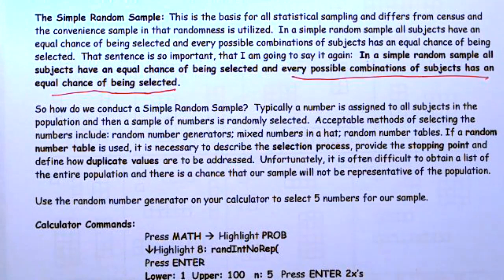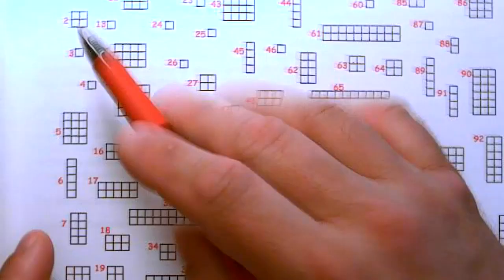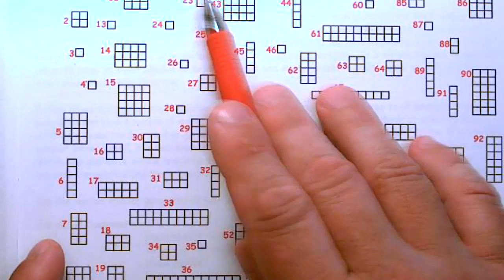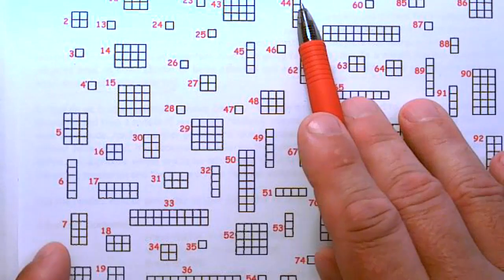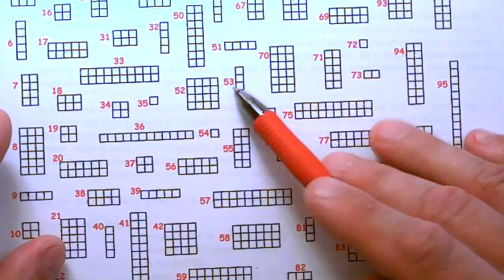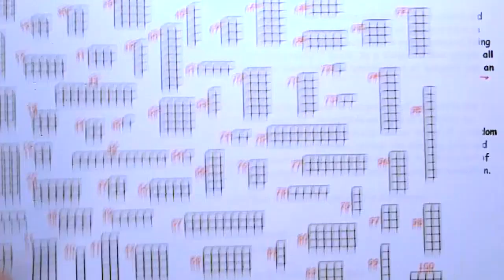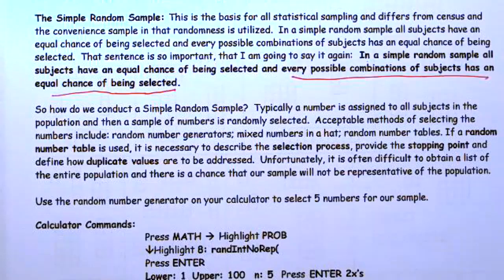In other words, it's equally likely that I would select 1, 2, 3, 4, and 5 as I would select 1, 12, 23, 43, and 44, or 53, 55, 54, 75, 77. Basically, every group has an equal chance of being selected.